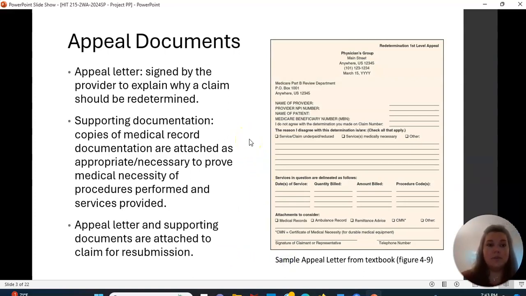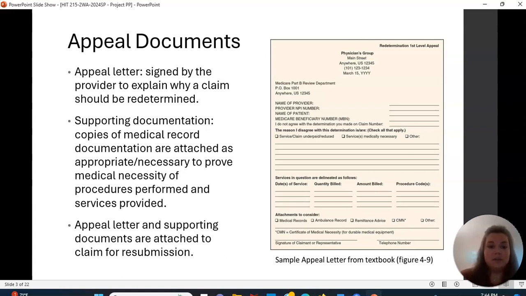So for an appeal to be submitted, there are some documents that are required. An appeal letter is something that's created and signed by the provider to explain why a claim should be redetermined. Along with an appeal letter, sometimes supporting documentation, copies of medical records, are needed to prove the medical necessity of a procedure or a service that was provided to a patient.